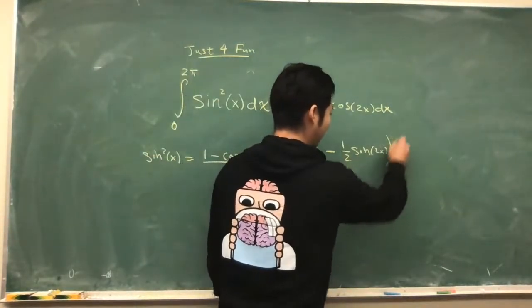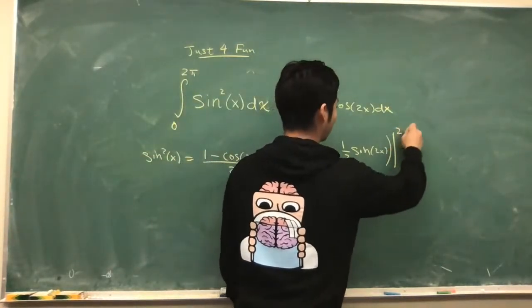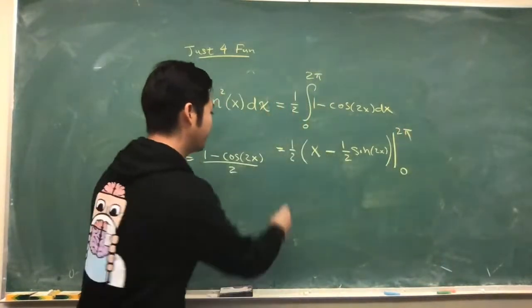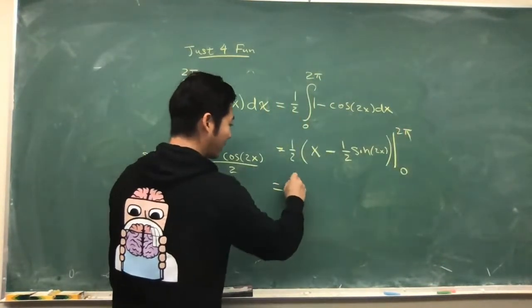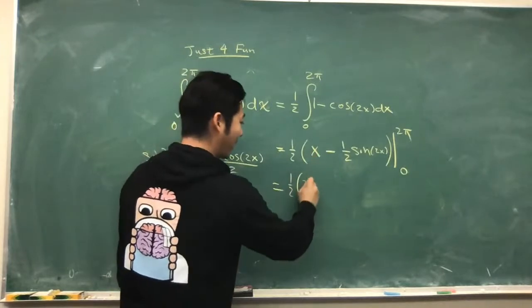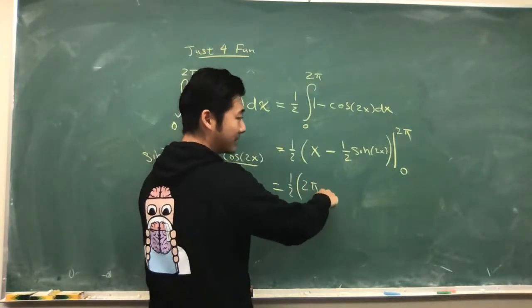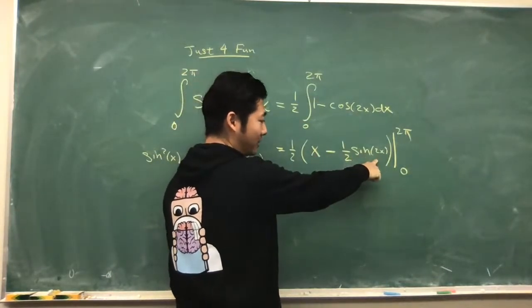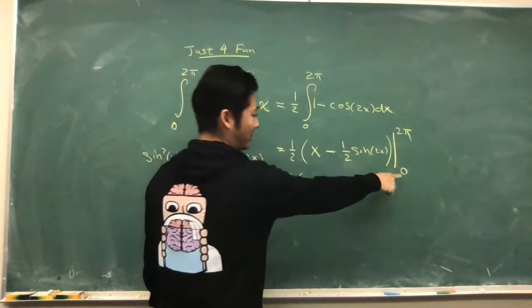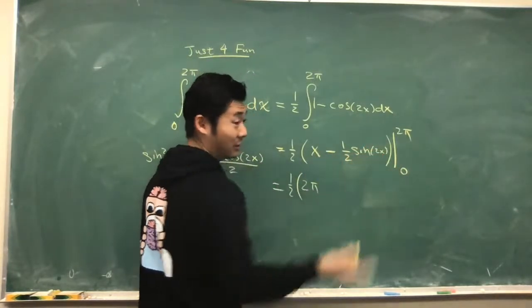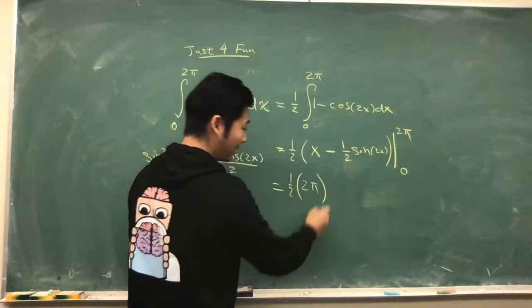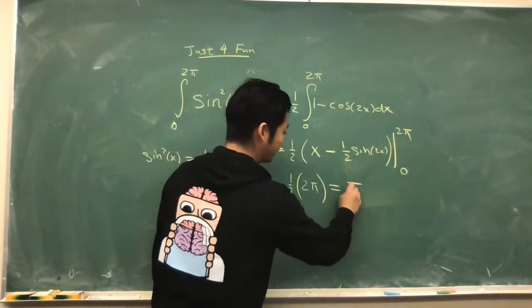So we plug in 0 and 2 pi. So we get 2 pi, 1/2, and then 2 pi minus sine of 4 pi is 0. And then plugging in 0, you get 0, and then sine of 0 is 0. So everything is 0 except 2 pi. So you get pi.